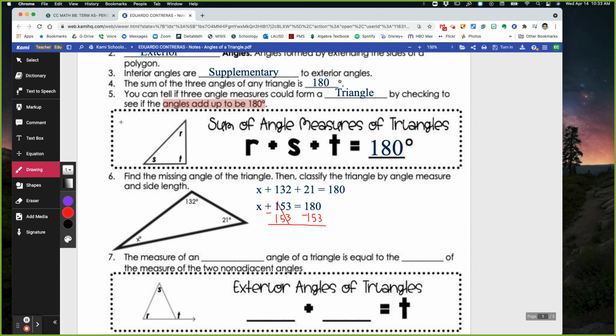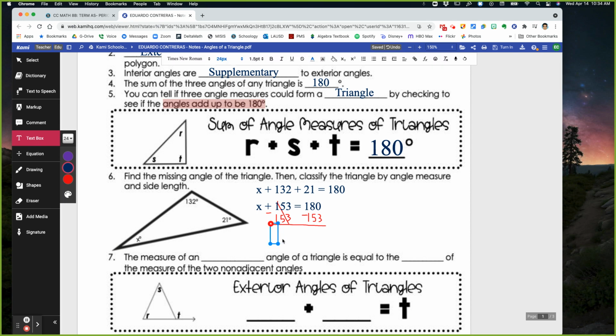Cancel. And what is 180 minus 153? I'm a little off on my math today. Let's see. I canceled 153, so it's just x on the left side. But that has to equal 180 minus 153.